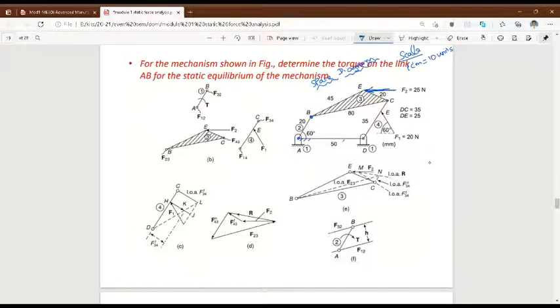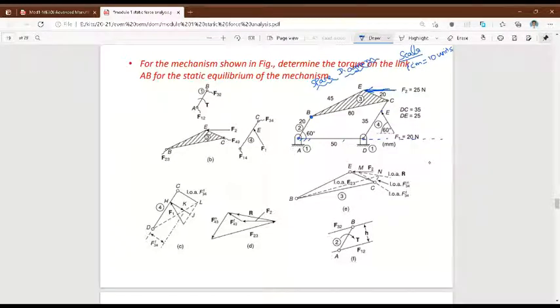After that, how to draw this E? Very simple. Just extend this line. First of all, we have to mark point E. Where is point E?